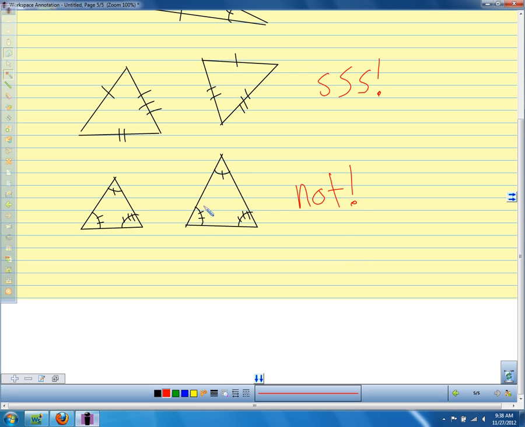Right. They have to be congruent. They have to have the same angles and the same size. So these are not congruent. AAA doesn't work.